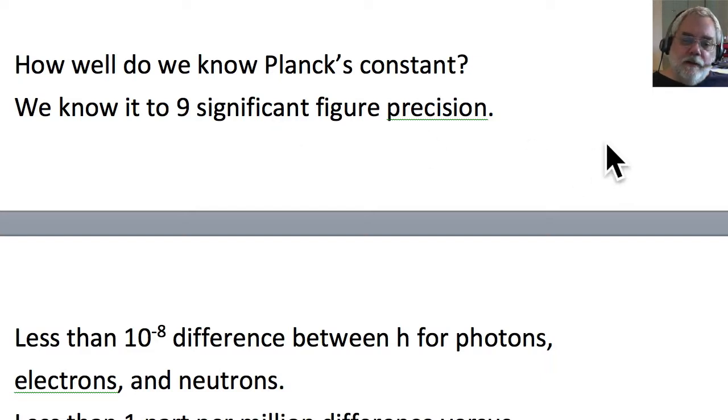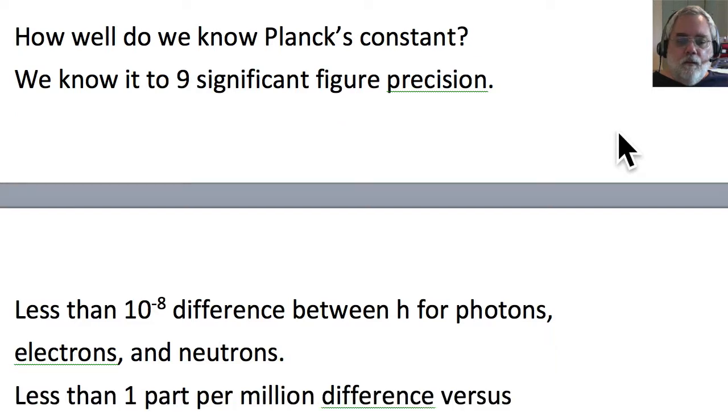So as far as we know, there is just one Planck's constant, whether we're talking about photons, electrons, neutrons, atoms, molecules, as far as we know. Well, is Planck's constant measured on Earth the same as it is in the Sun, or in the Andromeda Galaxy, or in a galaxy far away, or a galaxy from a long time ago?